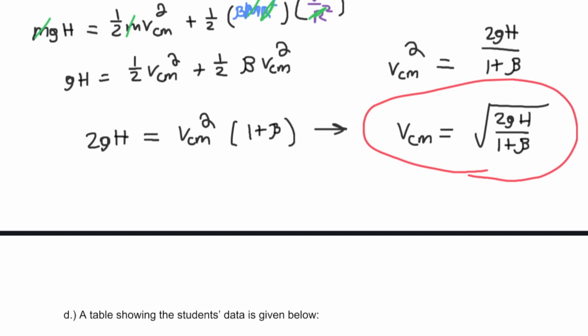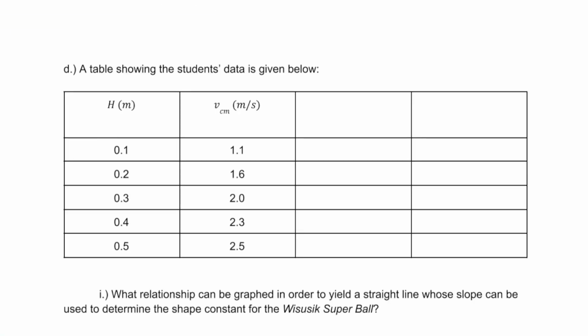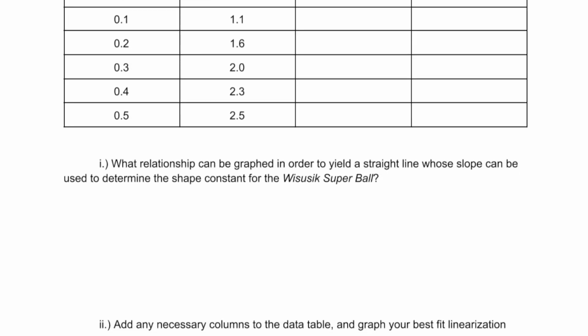So a table showing the student's data is given below. What relationship can be graphed in order to yield a straight line whose slope can be used to determine the shape constant for the superball? So this is what shows up in every question: what do you graph?